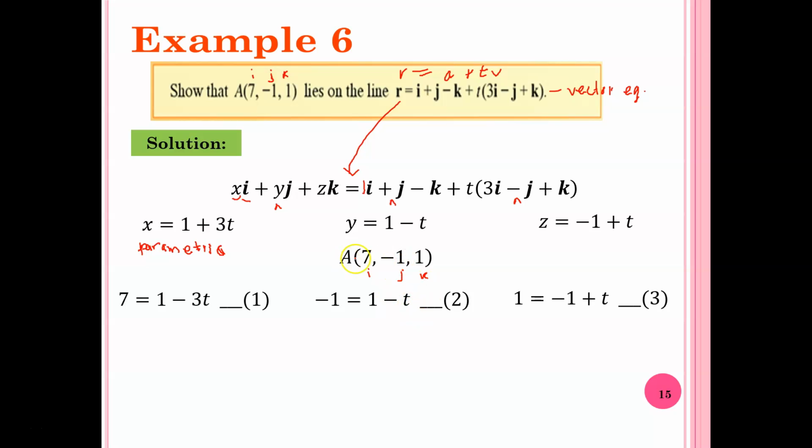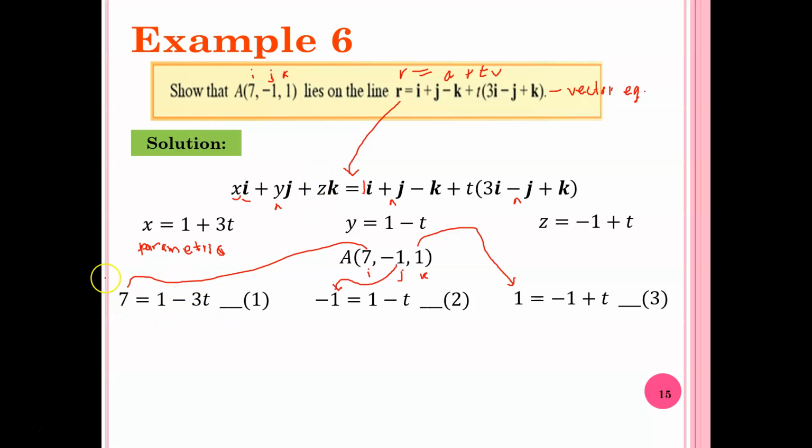Okay. Dia guna yang ni. Ini 7 dapat dekat sini. And negative 1 dapat dekat sini. And this one dapat dekat sini. Okay. So, yang ini 1 minus 3t ni, dia compare dengan yang sebelah kanan.